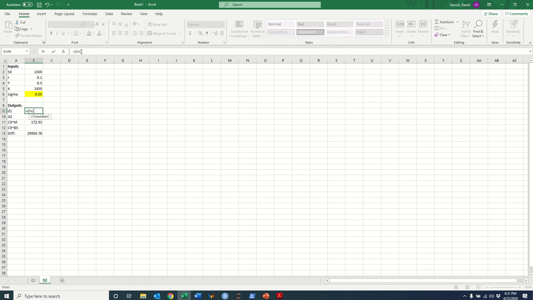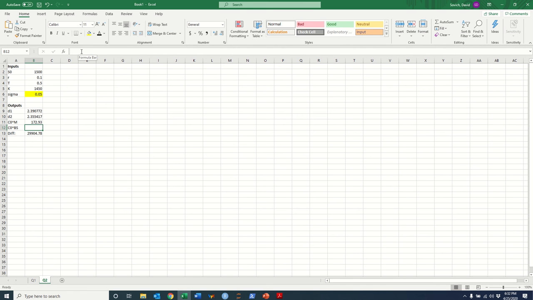D1 is equal to the natural log of S0 over K plus the risk-free rate plus 0.5 times sigma, which is just arbitrarily chosen here, squared, times the time to maturity, T, all over sigma times the square root of T. D2 now is just equal to D1 minus sigma times the square root of T.